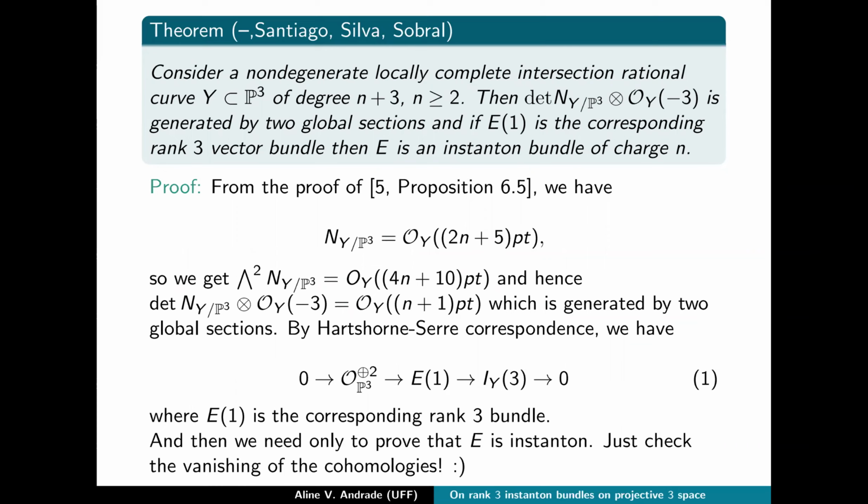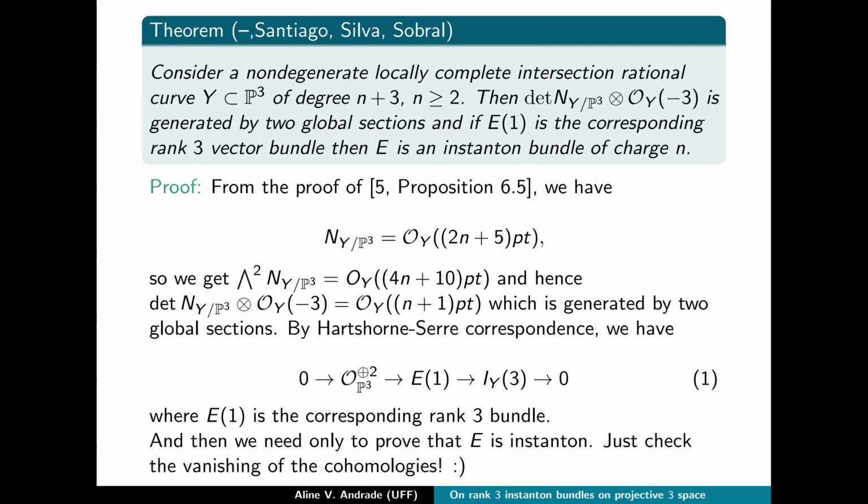Probably. Which one, I cannot see, but I assume that is right. So you write N_{Y/P3} equal to O_Y, a multiple of a point. Yes, N_Y is rank 2. It's the normal bundle of a curve in P3.